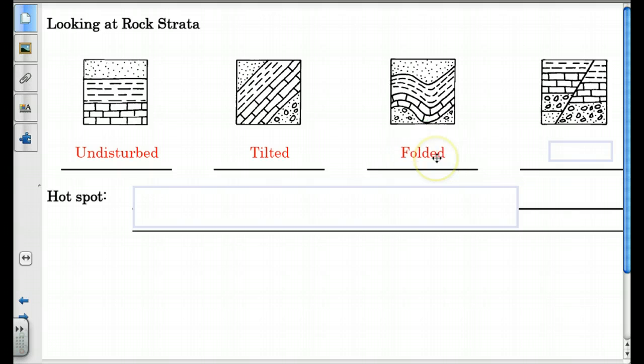And then we also see where rocks are folded, where they're actually bent. We talked about this with earthquakes, but when rocks break, the rock layers can shift, and that break happens right along here, and you get the shift in these rocks causing this faulting to happen. We can get any of these. If we go out and look at rock layers, there are some places around here where you can see tilted rocks or faulted rocks.